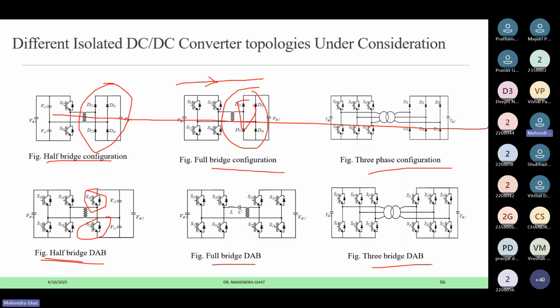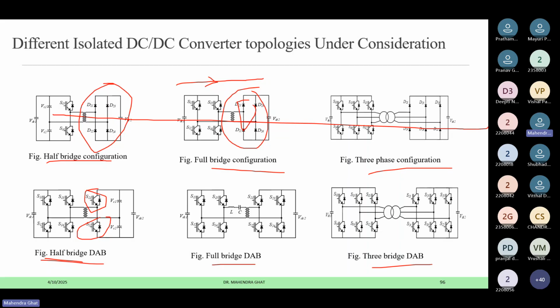So when you want to design anything, you have plenty of options: whether I use unidirectional or bidirectional, isolated, non-isolated, buck, boost, as per our requirement. Also from the switch point of view, whether I go with IGBT or MOSFETs.